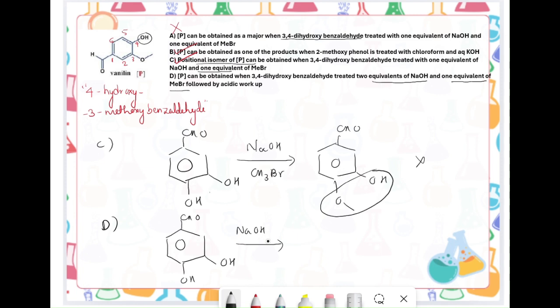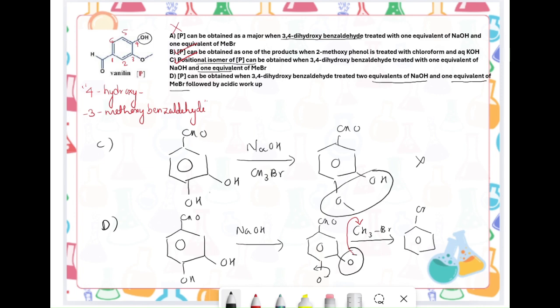When you are using 2 equivalents of NaOH, that means both our hydroxyl groups are going to be phenoxide ions like this. Now, you treat this with methyl bromide. See, this phenoxide is busy in resonance, isn't it? Then which is available? This O minus is available. So it goes and attacks our methyl group. This is a key step here, okay?